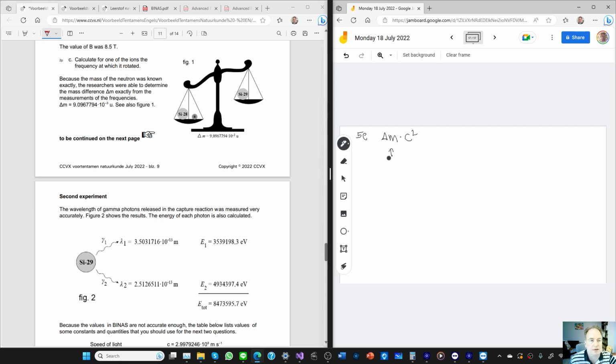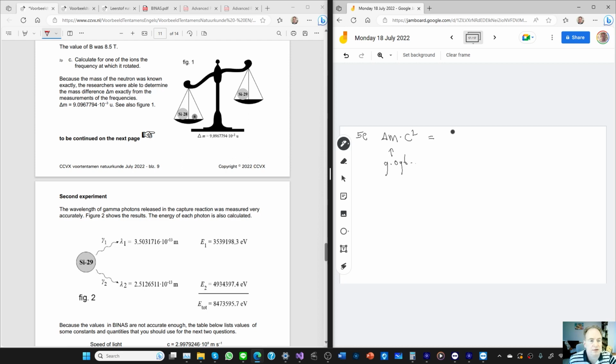So this is the measured mass, 9.096 and so on, and this is given in the mass constant.